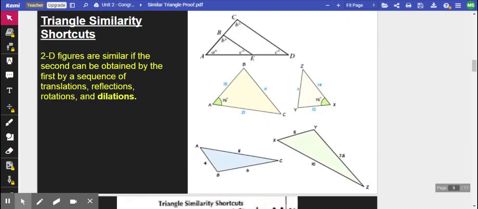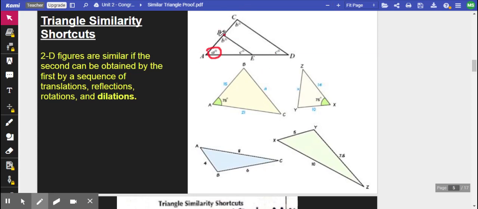In this main part of our lesson, we're going to be talking about the different rules that you can use to prove that two triangles are going to be similar to each other. In the triangle at the very top, we can see that we have an angle A. This angle A right here is the same angle in both the little triangle and the big triangle, so they share that angle; it's congruent.